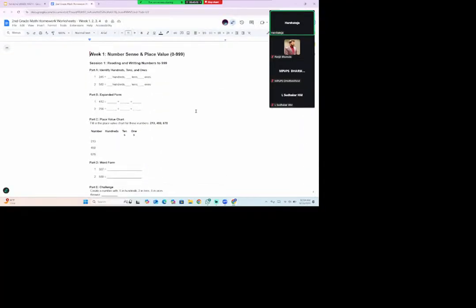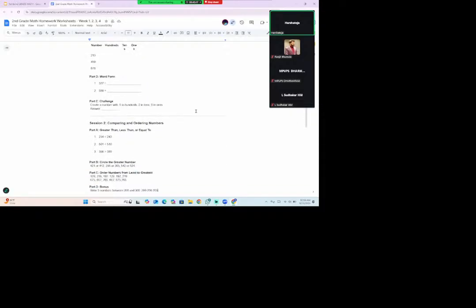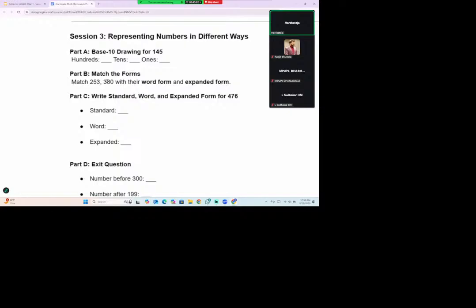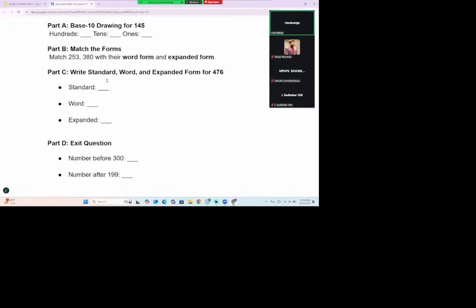So it's pretty much most of everything I wanted to get to. We can do this as well. Just to prep for the next class, write standard, word, and expanded form.